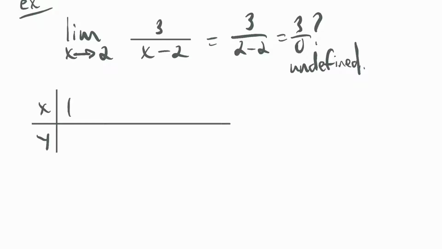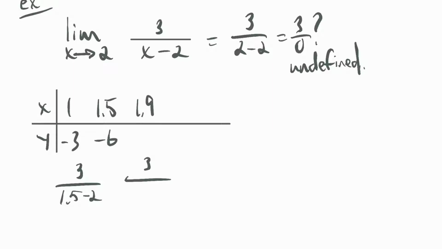Let's go to 2 from the left first. If I plug in 1, what do I get? Well, we get -3. If I plug in 1.5, what do we get? Well, 3 over 1.5 minus 2. That's going to be -6. How about 1.9? 3 over 1.9 minus 2.